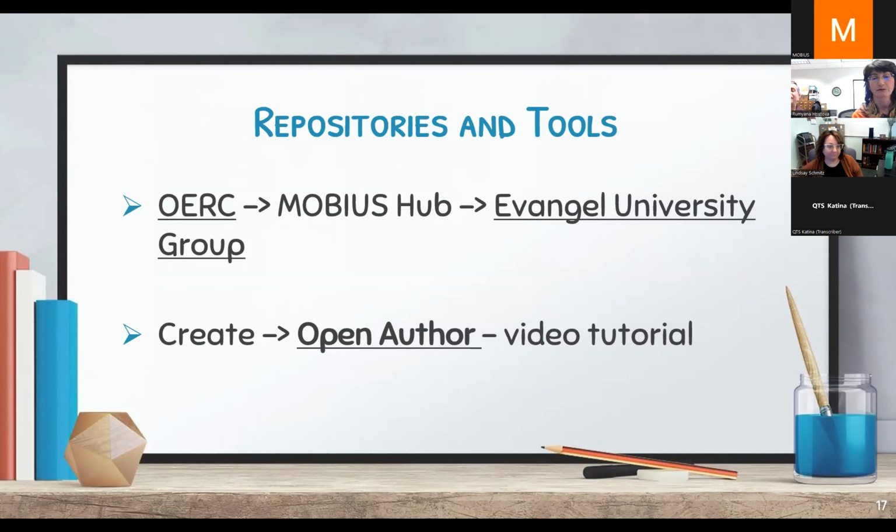Usually other big universities use Pressbooks as a publishing platform, but we just cannot afford it. And we have this free tool, and I thought, why not use it? It's a low learning curve. It's easy to use, and they have this open author tool where you upload all your materials, and there's a really nice informative video about how to work with open author, which you can check on the Open Education Resources Commons website later if you want to.